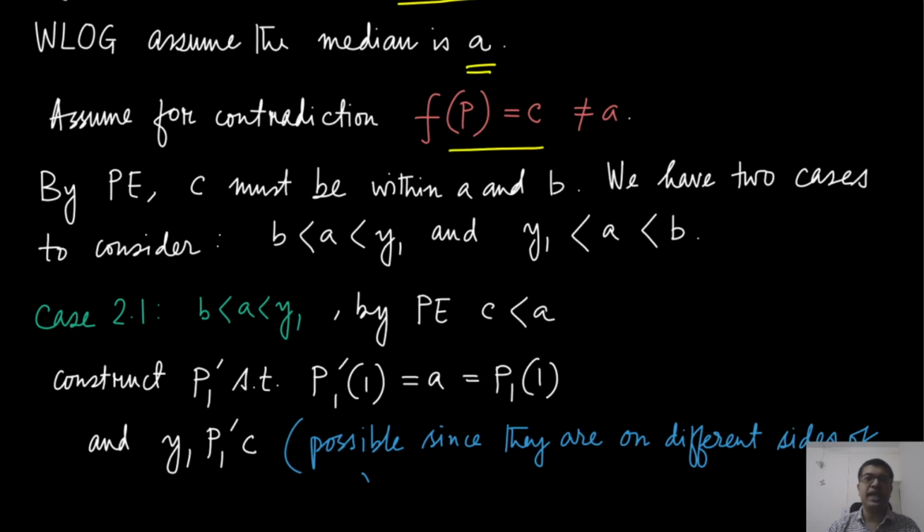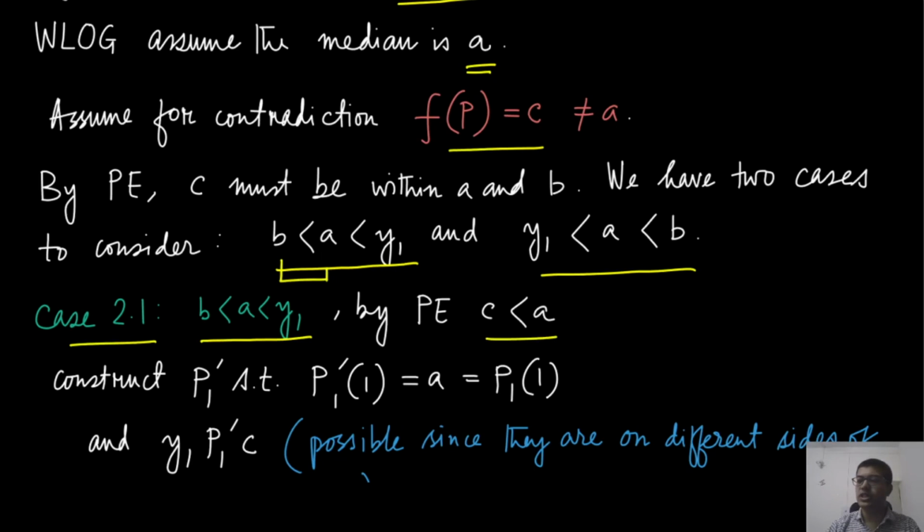Now because A is the median, there are only two possibilities: either B is less than A less than y1, or y1 is less than A less than B. In both these cases, the median turns out to be A. Let us consider each of these cases one by one. Case 2.1, where B is less than A less than y1. By Pareto efficiency, we know that C is less than A, because C has to lie between A and B.